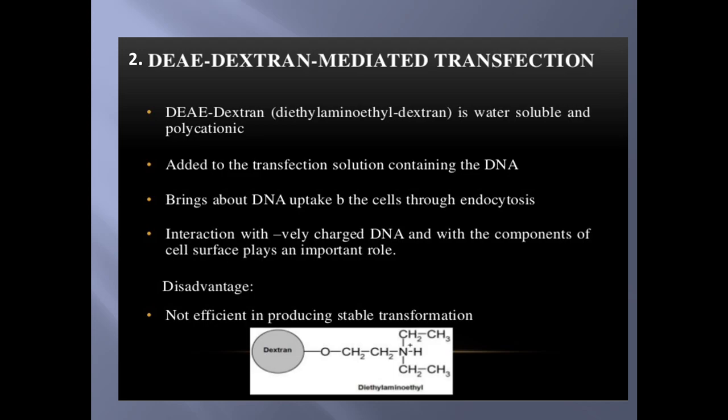Infecting a cell means you are transferring a foreign gene or foreign DNA into a cell, so that the resultant cell is transformed with the desired gene which you want to transfer into that cell. It can be done with the help of another chemical called DEAE dextran, also called diethylaminoethyl dextran.